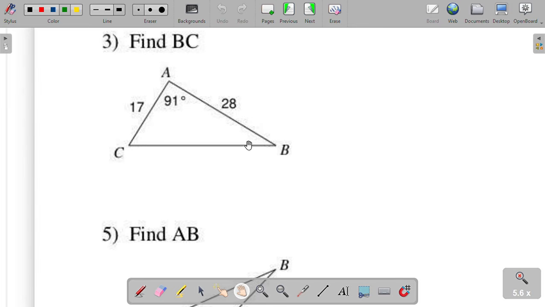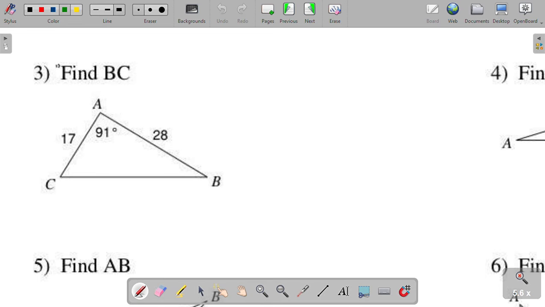Okay, like this one, question number 3. If you noticed, I'm solving the homework sheet that I gave you, the latest one. So here you have BC, which is this one. Now Miss Sarah, is this a case of side angle side? Yes, it is. So I can use the side angle side case of the cosine law. So let's do it.